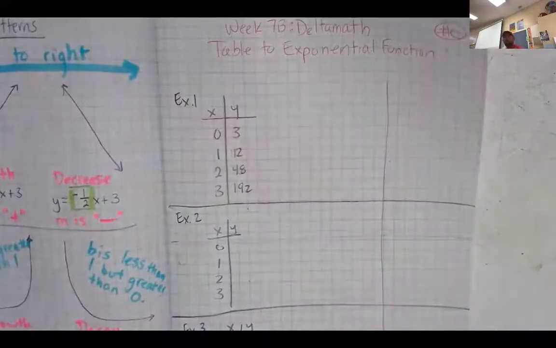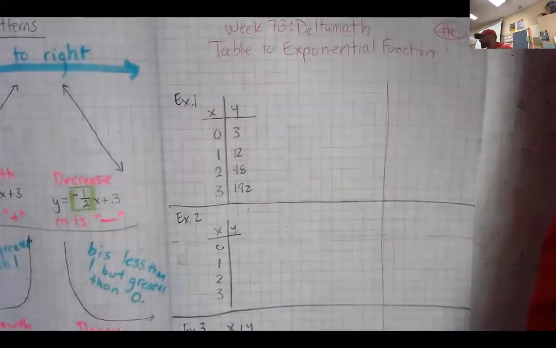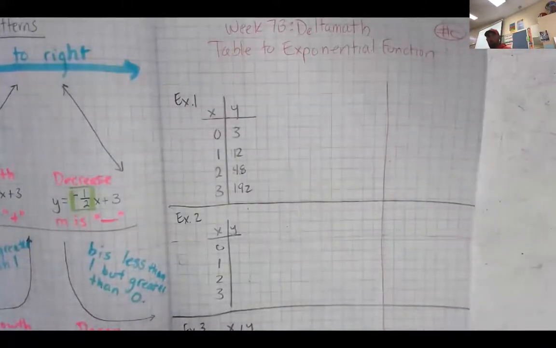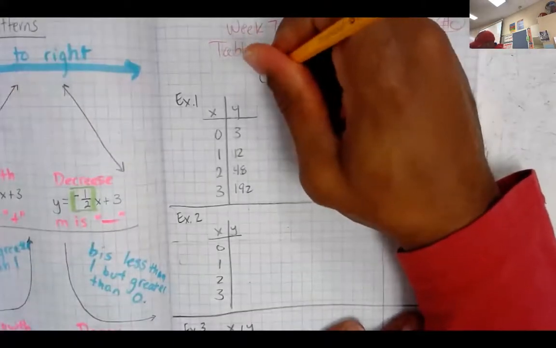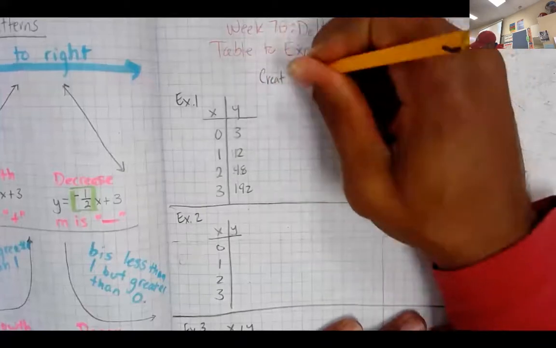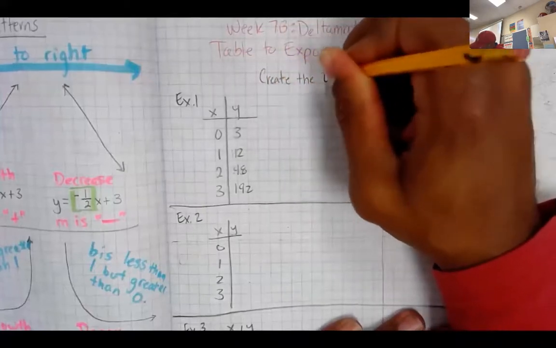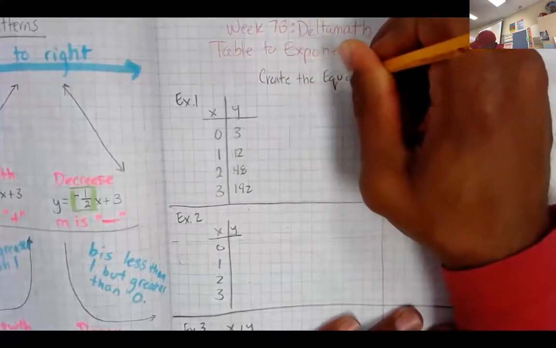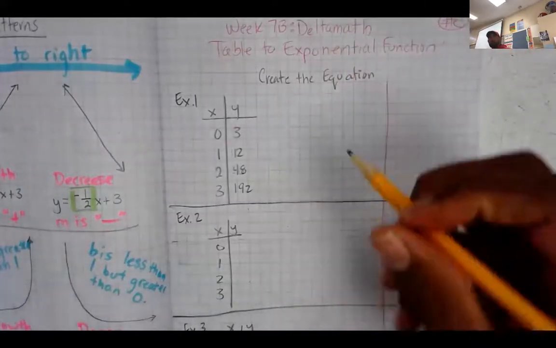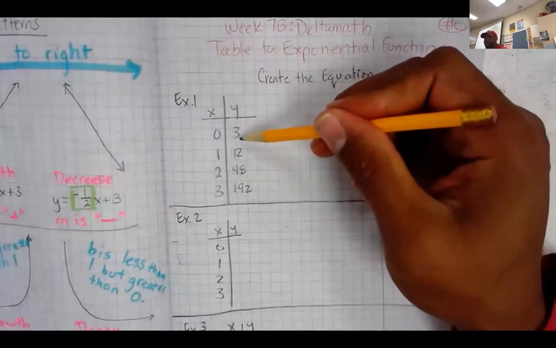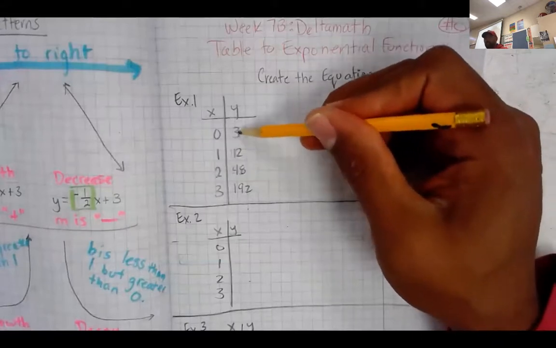All right, so here's your job. First of all, we got to remember we're creating an equation, right? So create the equation. In order to create an equation, we need to recognize the pattern. And the pattern here, it's not adding. We're not adding something every time. We're not adding 9.